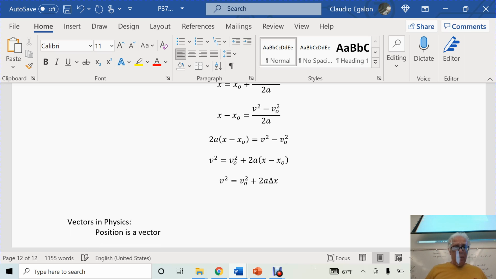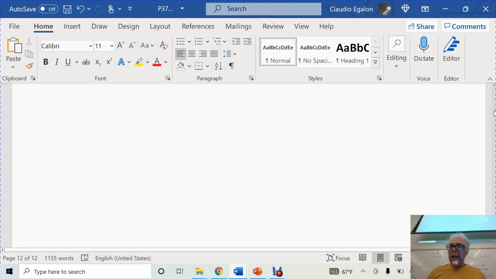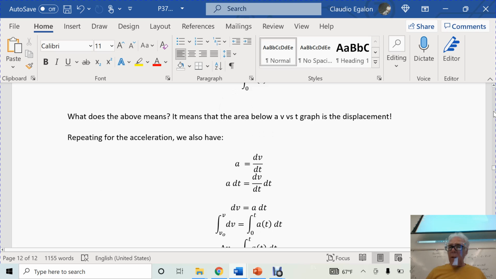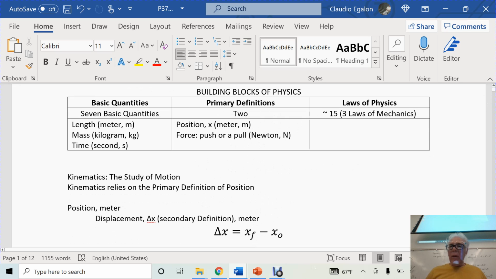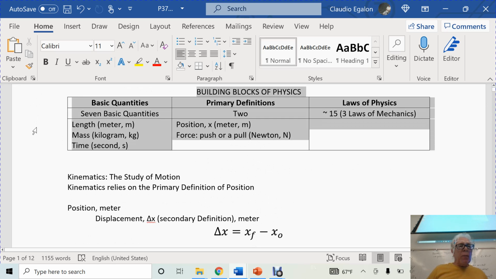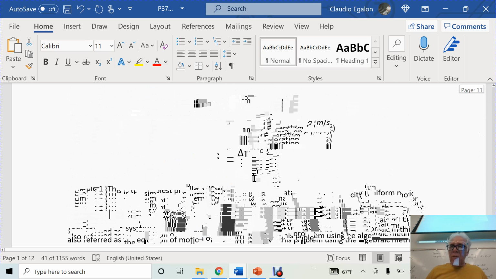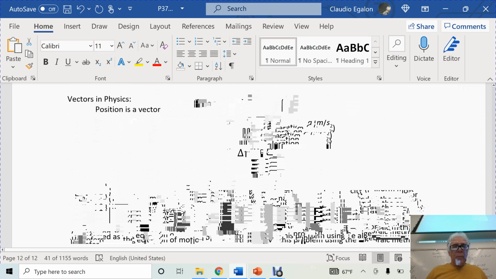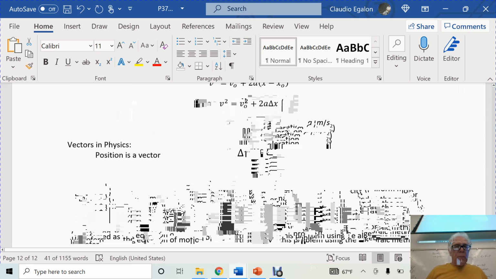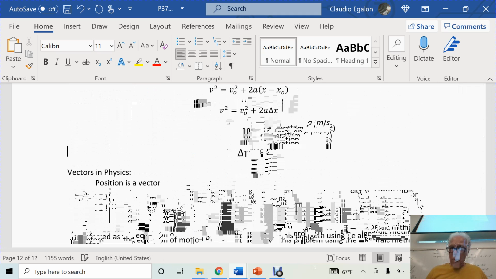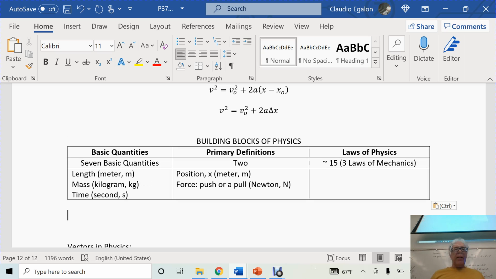So now we can go back to our very first slide. Remember? The building blocks of physics. We can correct one of our primary definitions. And even more important, I'm going to tell you right away, all those 7 basic quantities are scalar.